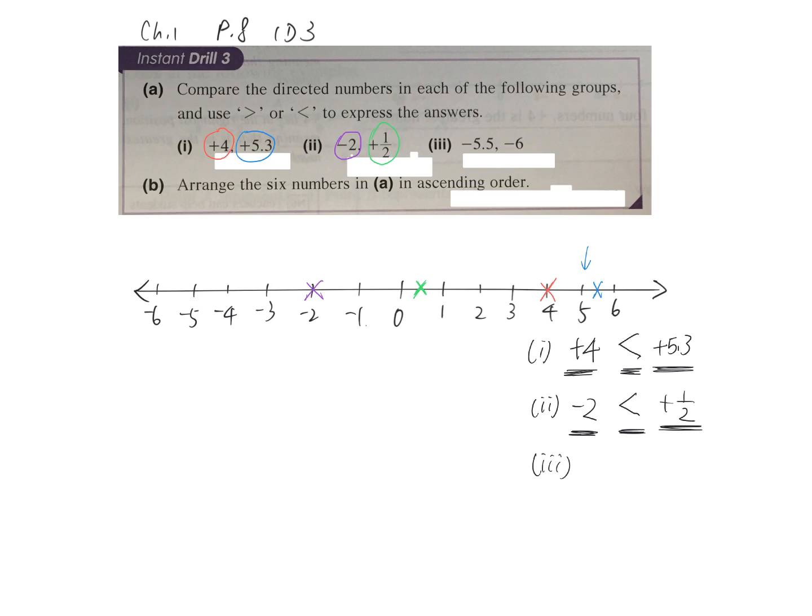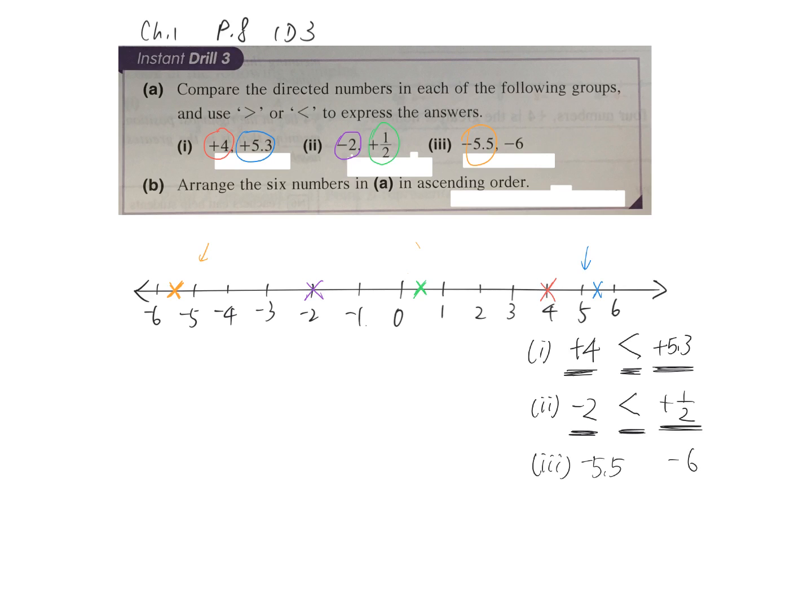So part 3, you're asked to compare negative 5.5 and negative 6. Okay, let's go on. So negative 5.5, a negative number is on the left of the origin. Negative 5 is here. So negative 5.5 should be a little bit more on the left, in the middle of 5 and 6. So here, this is negative 5.5.